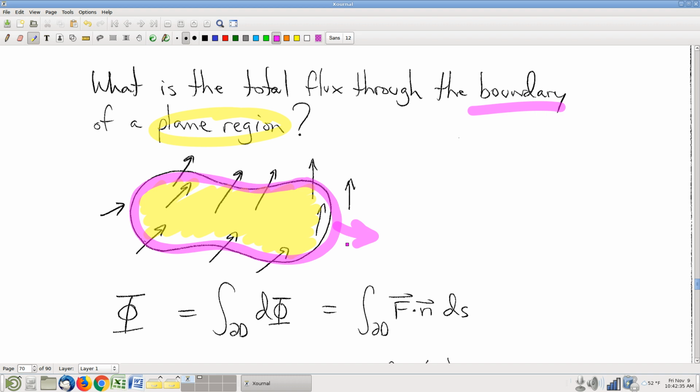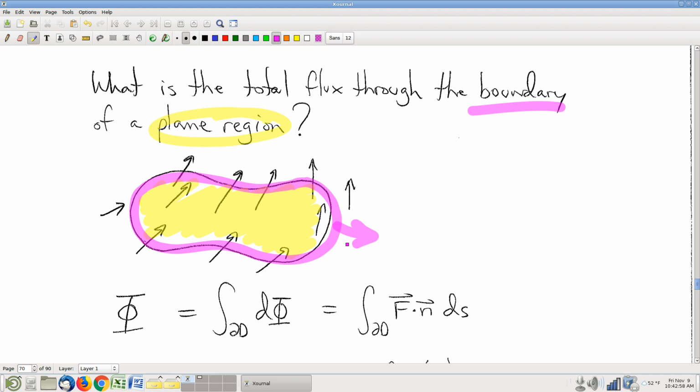Let's go back to migrations of birds. Let's just say flux of this bird fluid through that boundary is a way of measuring the rate of change of the bird population. That's what the flux is. Flux is quantity of stuff per unit time crossing the line, right?